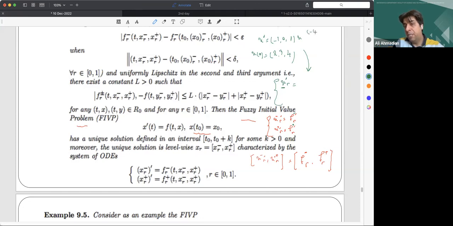Alpha cut is this one: minus 1 plus alpha, 1 minus alpha, or because I want to make it union, minus 1 plus r, 1 minus r. This is the r cut of this fuzzy number. I should write minus 1 plus r x lower r, and x prime upper r is equal 1 minus r x upper.